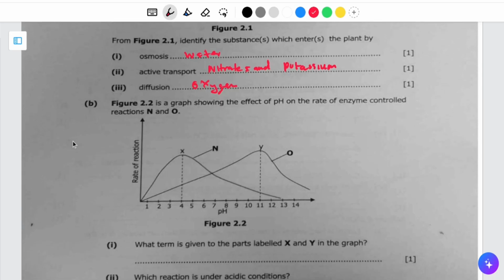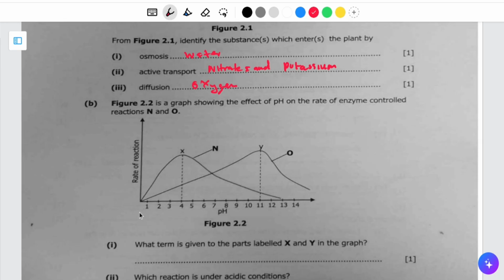Then the last question says figure 2.2 is a graph showing the effect of pH on the rate of enzyme controlled reactions N and O. So we have reaction N as well as reaction O. This is the pH scale, which runs from 0 up to 14.